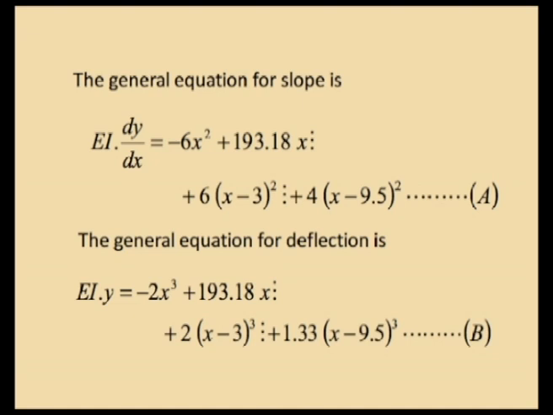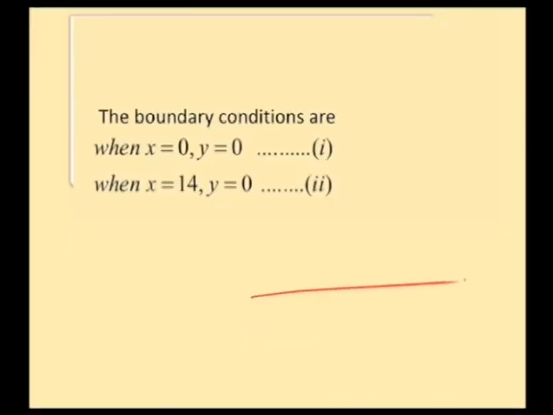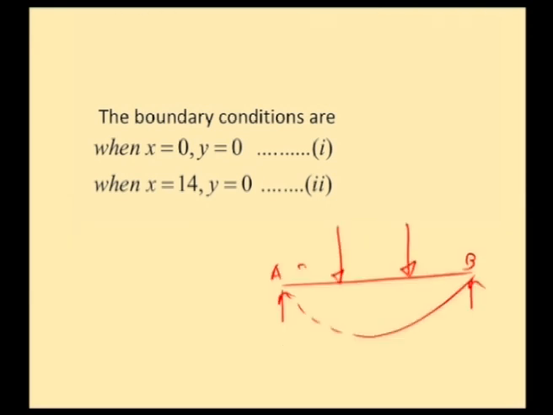Similarly, if I am interested in finding deflection under the first load, I need to put x equal to the value given in the problem. Say we have 3 meters, and this is 6.5 meters.